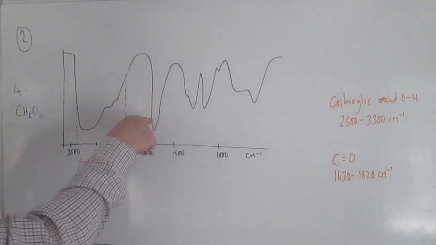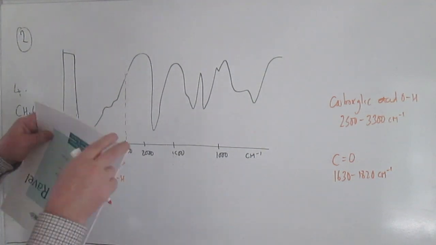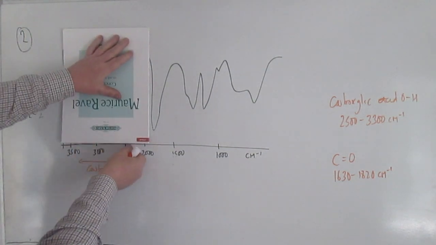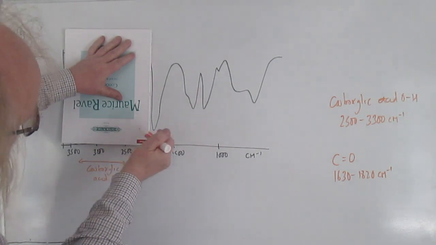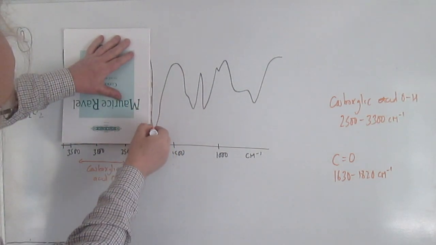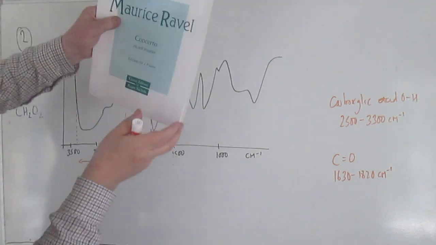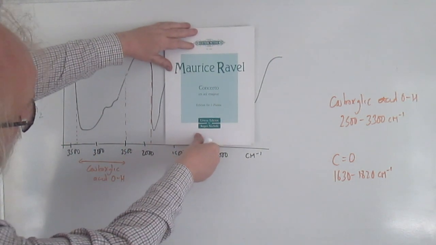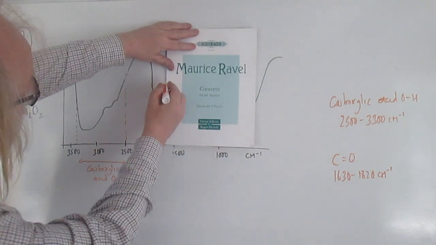And here, this is the carbonyl peak. Again, we have to check that it fits with 1630 to 1820. So you put your straight edge there and find that indeed it does.